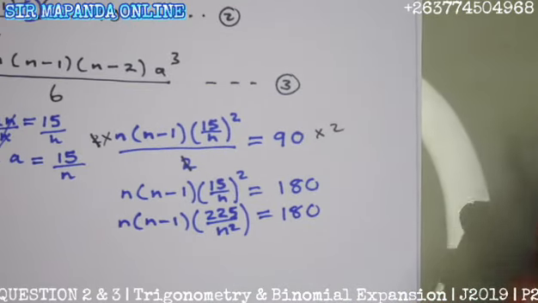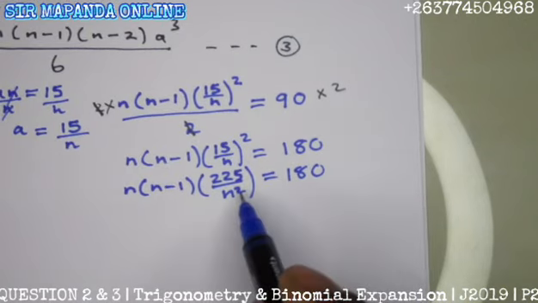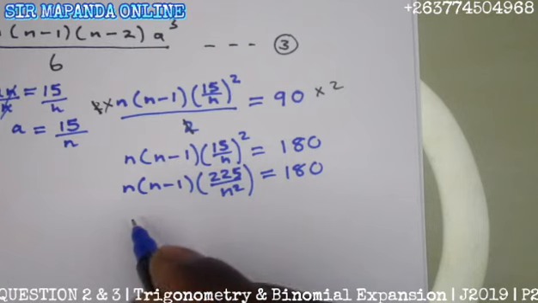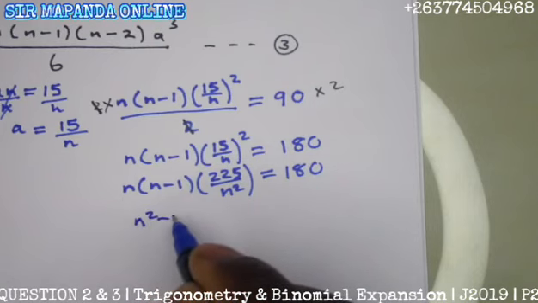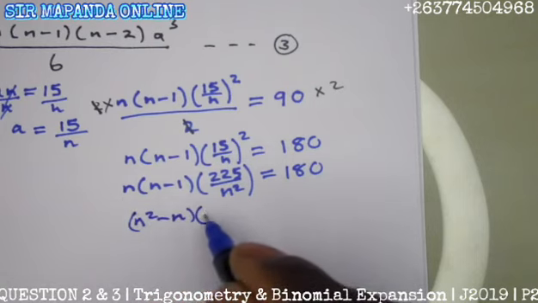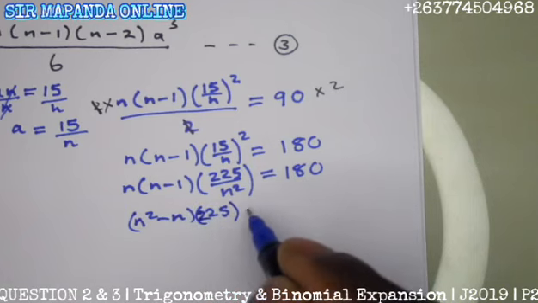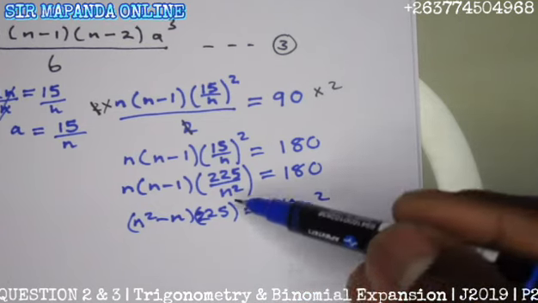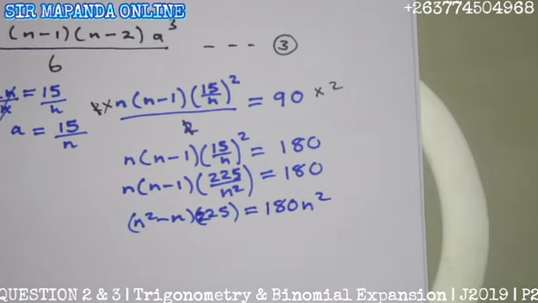I hope you are following. Let us cross multiply with n squared again. If I expand this bracket, you get n squared minus n, right? Here you are going to be left with 225 is equal to 180 n squared, multiplying both sides with this n squared, right?